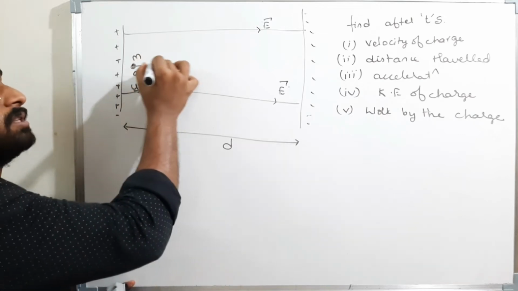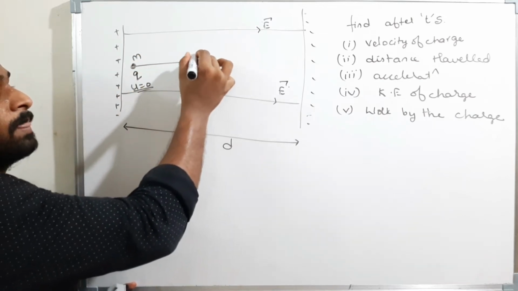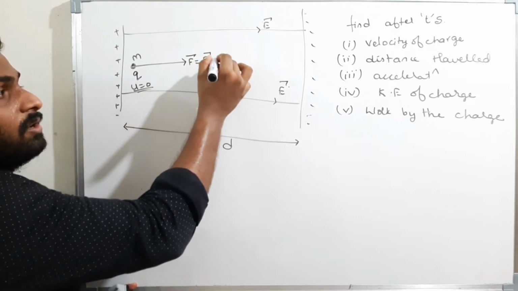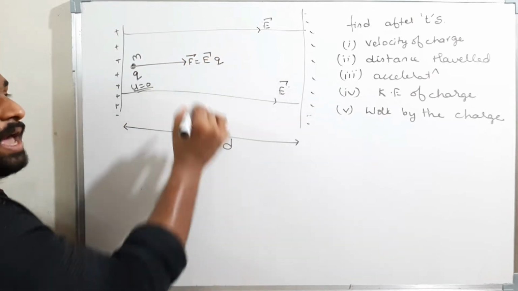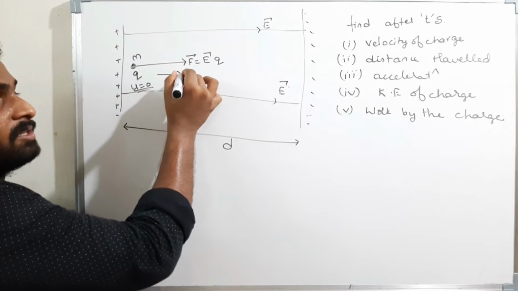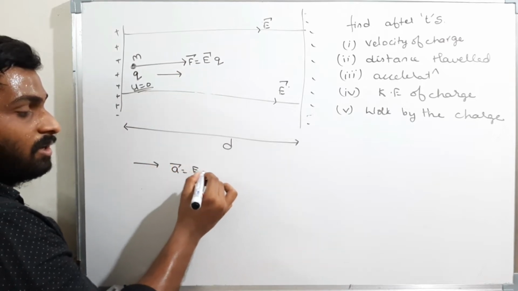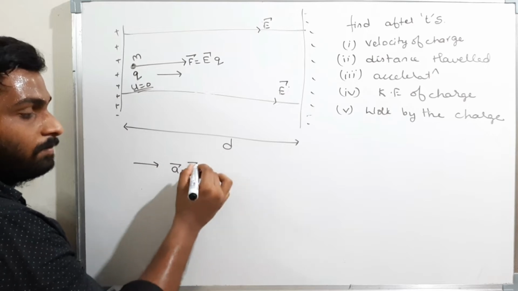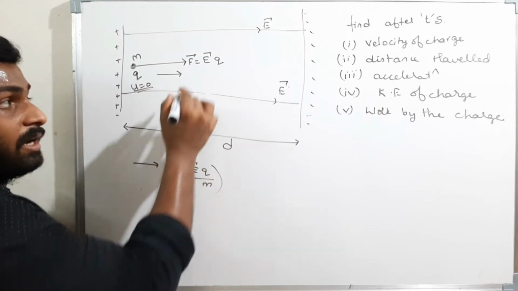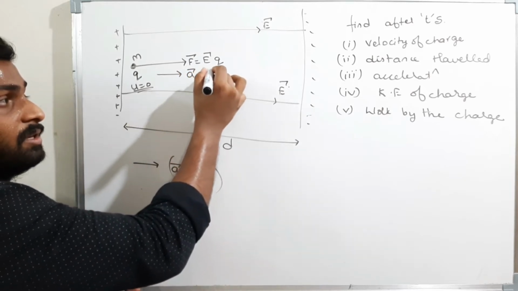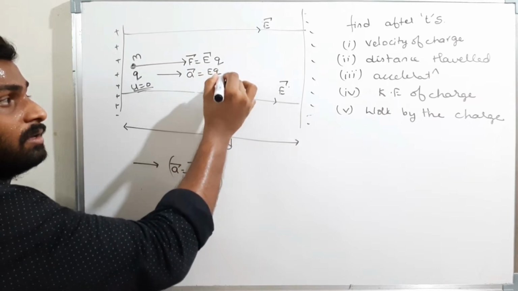That means the force is acting in this direction. That is F bar equal to E into Q. Therefore, what is the acceleration acting on the body? Acceleration is nothing but EQ by M. That is the acceleration acting on the particle, EQ by M.